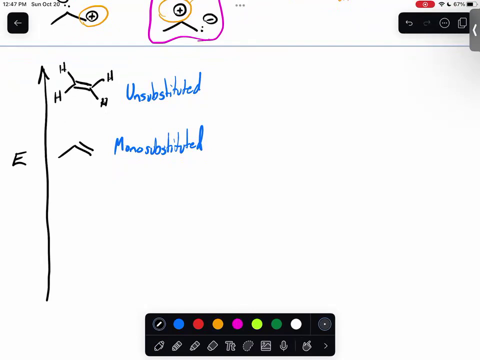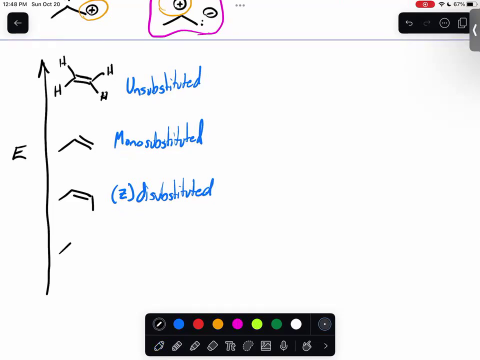The next one would be a little bit unstable, with two different groups. This would be a Z disubstituted, where di is essentially saying two. Next up is the more stable version of a disubstitution, the E disubstituted.